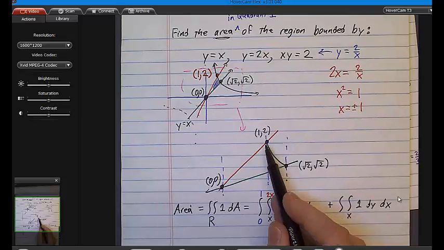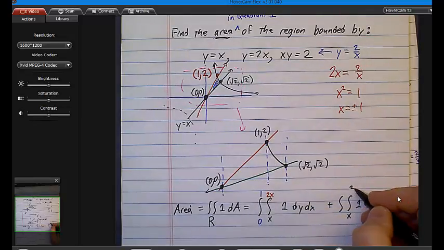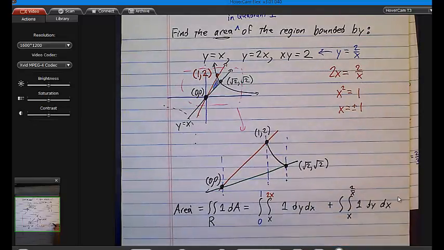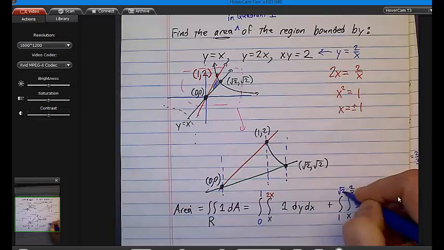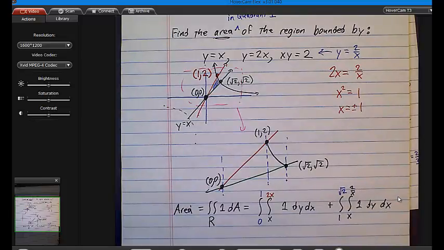What's the upper function here? This would be 2 over x. Does that make sense to people? How about the blue? You guys know what these limits of integration would be for the outer integral? 1 to rad 2. There you go. Now this is doable.